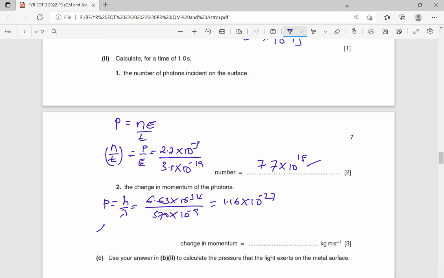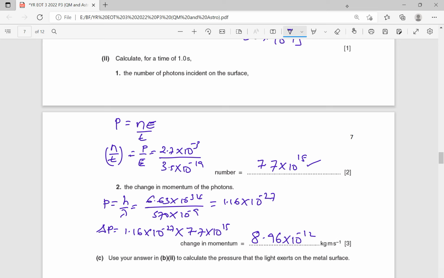Then the total change in momentum is going to be equal to 1.16 times 10 power negative 27 multiplied by 7.7 times 10 power 15. When I press my calculator, this gives me 8.96 times 10 power negative 12.